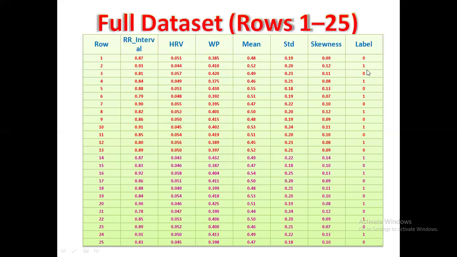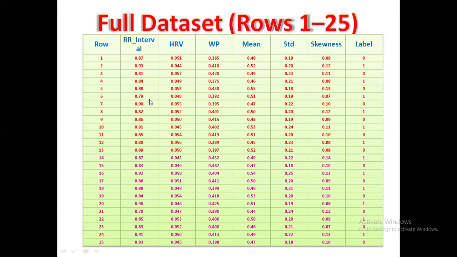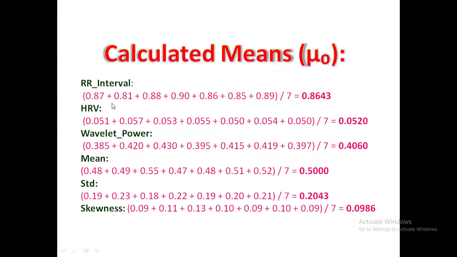First we consider label zero. The values are 8.7, 8.1, 8.8, and another value is 9.6, like that 8.6, 8.9. For these we separately find the mean value for label 0, that is the normal label. Just look into the table and you can find it. Similarly for HRV, wavelet power, mean, standard deviation, and skewness.